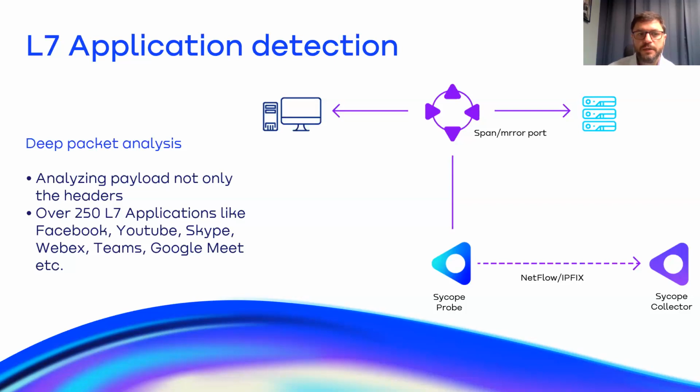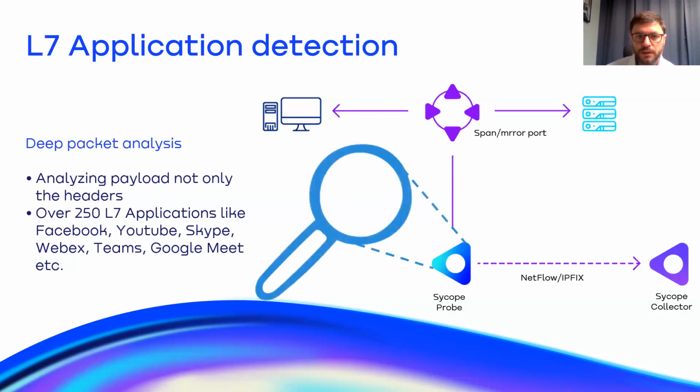So the probe can analyze the network communication and detect over 250 different layer 7 applications to tell what the real application is in this communication.